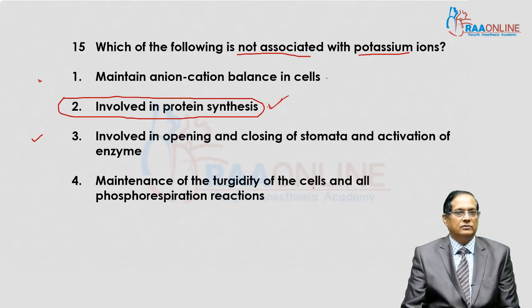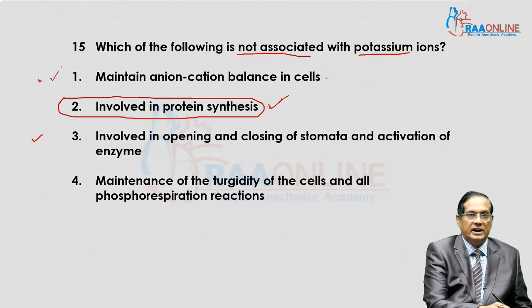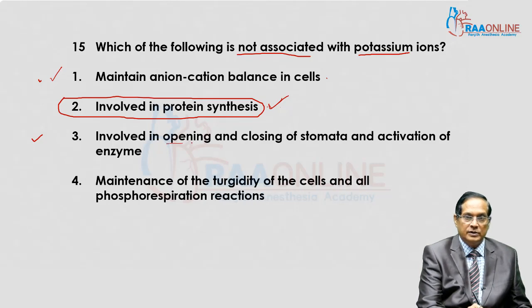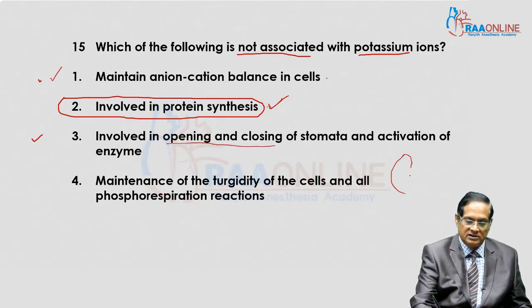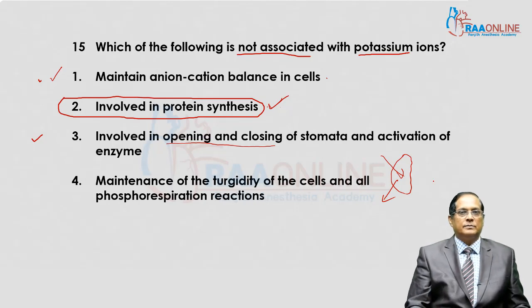Question number 15. Which one of the following is not associated with the potassium ion? First one, anion cation balance, right. Third one, opening and closing of stomata, it is also right, because when potassium ion is influx into the guard cell it favors opening, and efflux of potassium from the guard cell favors closing. It is also concerned with activation of enzymes, maintenance of turgidity of the cell, and phosphorylation reaction.